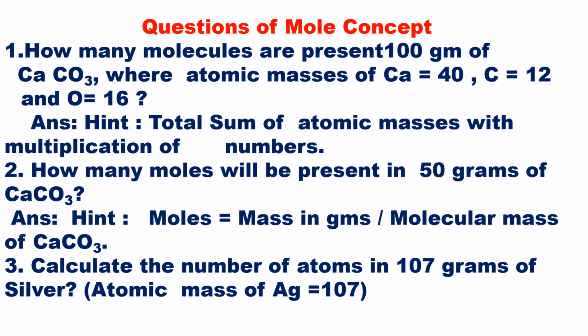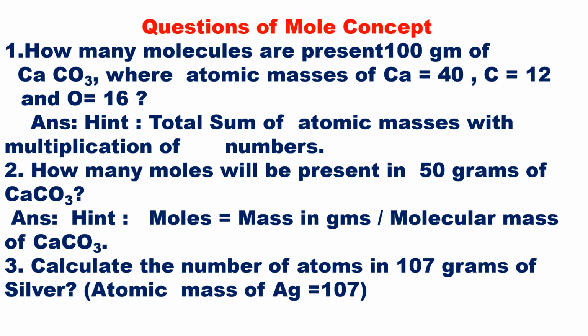Now we can have some practice of the questions. For example, the very first question: how many molecules are present in 100 gram of calcium carbonate, where atomic mass of calcium is 40, carbon 12 and oxygen's atomic mass is 16. So, I am giving a hint.